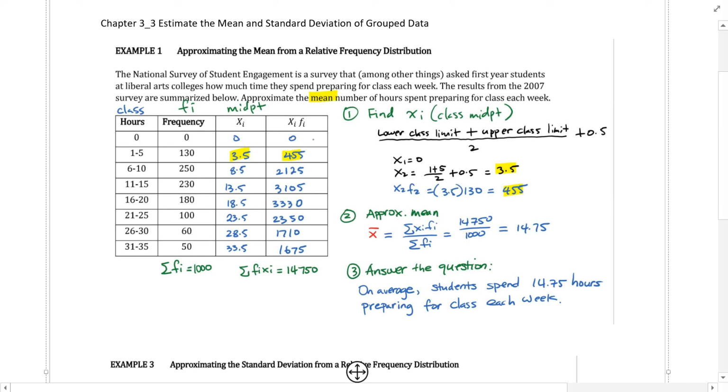Once we've done that, we find the sum of the frequency column, which gives me 1000, and the sum of the xi fi column, which gives me 14,750. We use that to approximate the mean, which is 14.75. So let's see if we can do that with the standard deviation at the same time using the calculator.